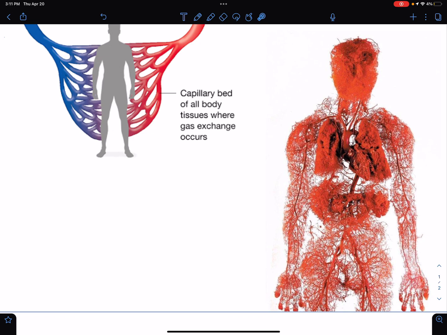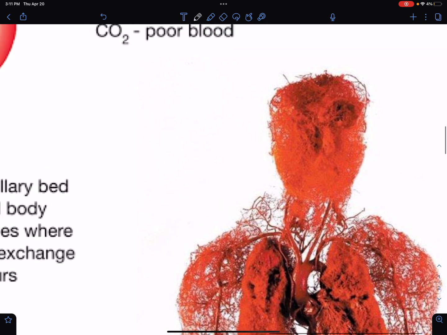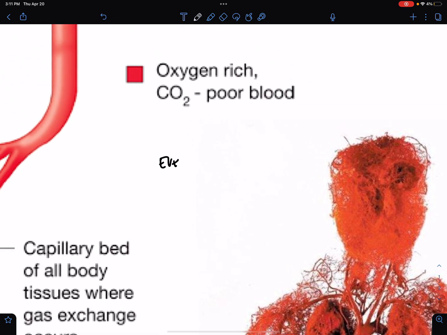This is because every cell in the body is less than 100 micrometers, which is a millionth of a meter, from a capillary. So maybe I should write that down. Every cell in the body is less than 100 micrometers from a capillary.